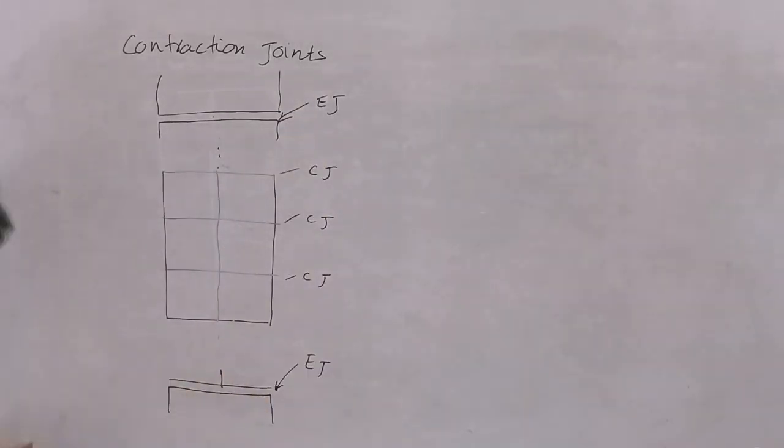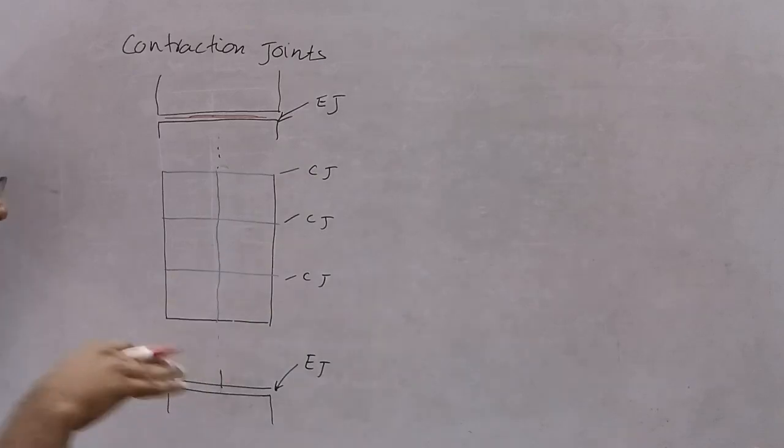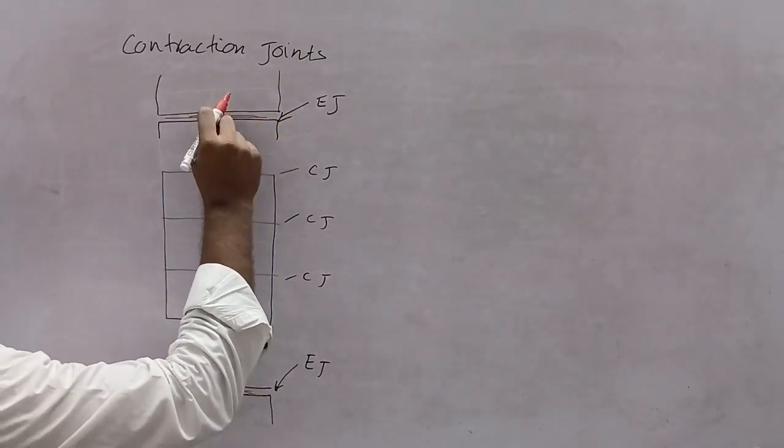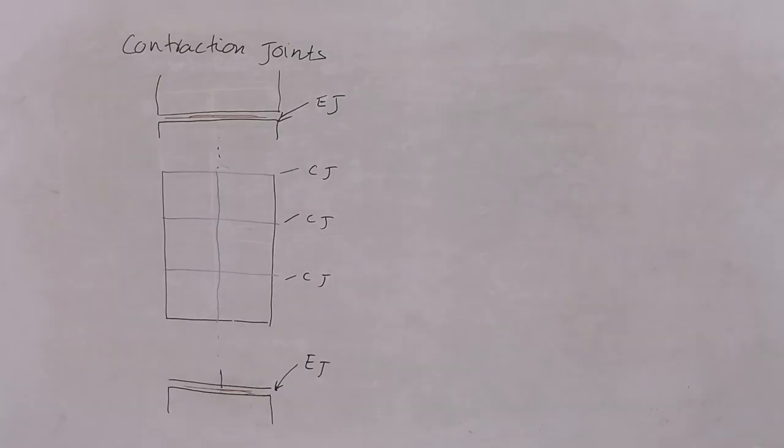So expansion joint, you can observe while traveling you will get a jerk, and filler will be filled in the contraction joint even though you will find a jerk.